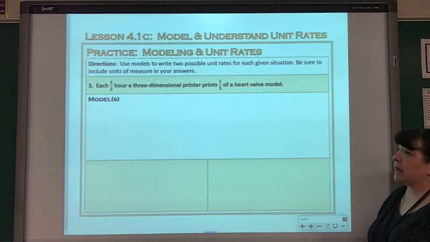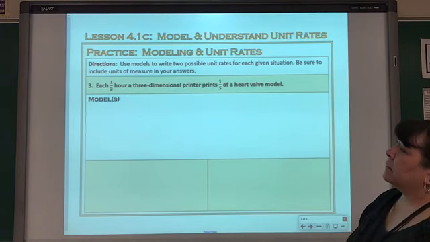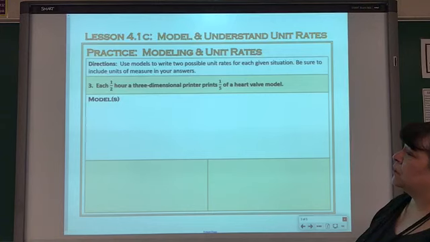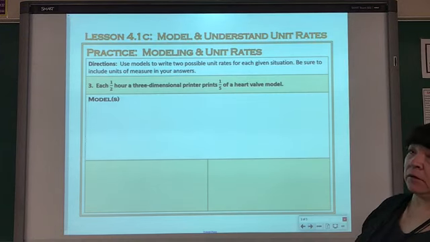So let's try another one. This one says, find the 2 possible unit rates for the given situation. We have each half hour a 3-dimensional printer prints 1/5 of a heart valve model.